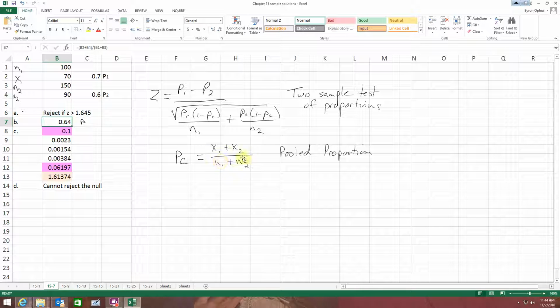So the pooled proportion is basically just my x1 or my successes, right? x1 and x2, then divided by my sample sizes, which is n1 and n2.